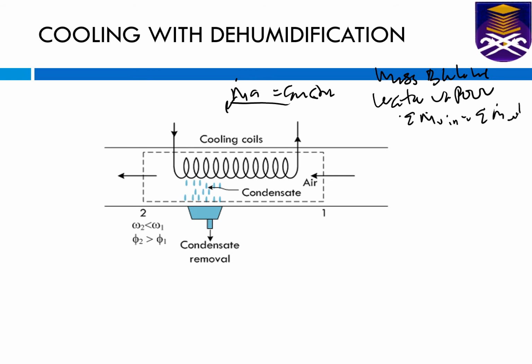It passes through a cooling coil until it achieves saturated vapor, which means phi has to be 100%.